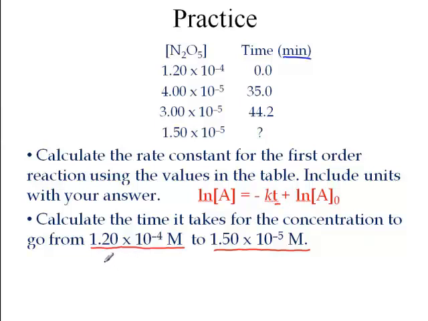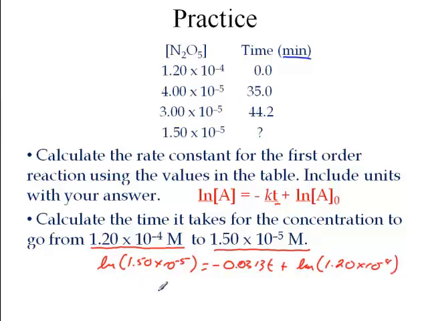So I'm going to go natural log of 1.50 times 10 to the minus fifth, and that equals negative the k that we had before, 0.0313, times t, plus the natural log of 1.20 times 10 to the minus fourth.